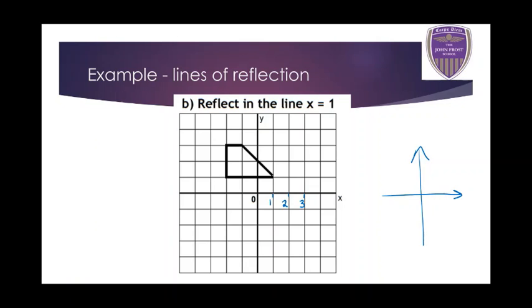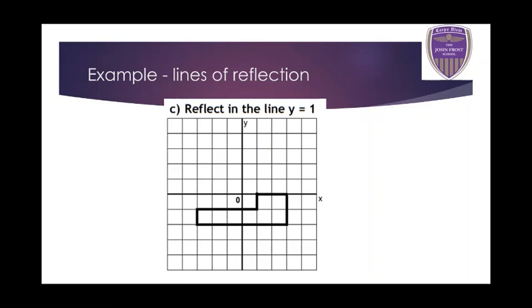And to draw a line where x is always 1, I have to draw a vertical line from the top that comes down and cuts through 1 on the x-axis, okay? So that is the line of x equals 1, okay? So pause the video and draw this line on question B for me, please. Okay, let's have a look at another example.